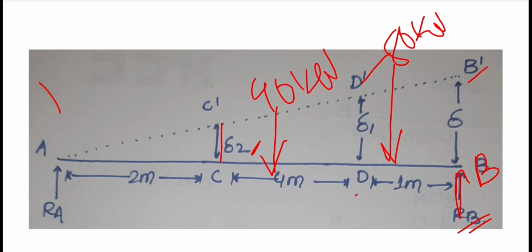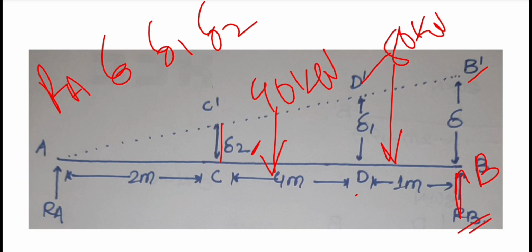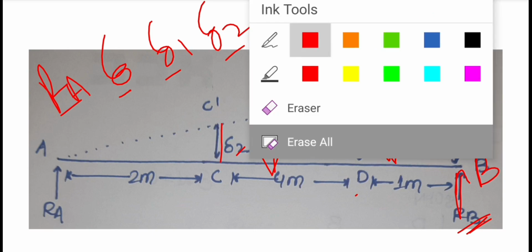But remember, the delta 1 and delta 2 of RA are not equal to the delta 1 and delta 2 of RB. That is the point of consideration.